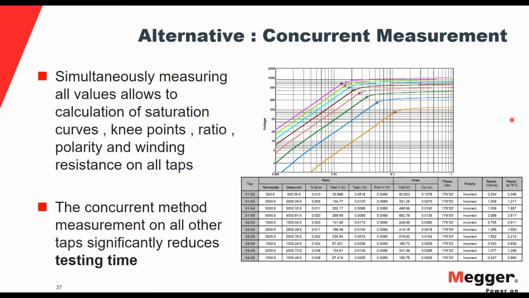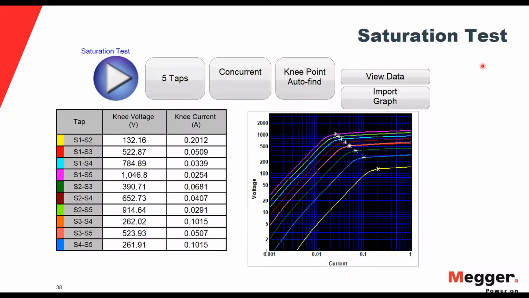Also, these are values from the saturation test, which sometimes requires high voltages. You can see it done with the concurrent method as well, giving you a very accurate result. This is another view of the saturation test using the concurrent method. It is done in only 1 or 2 minutes using the Megger concurrent method.